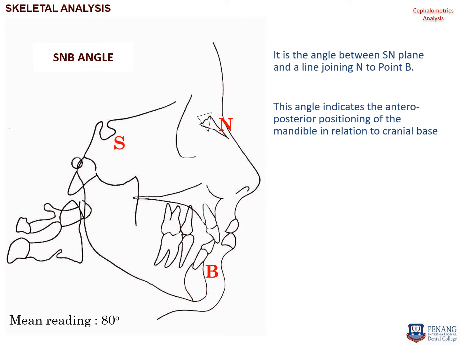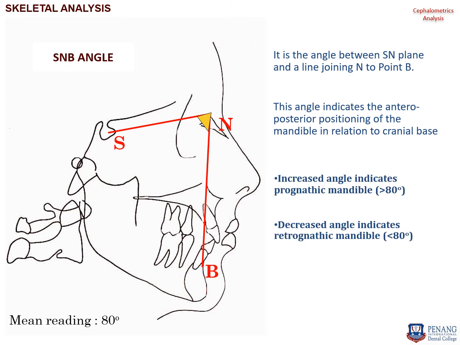The second angle we will be discussing is the SNB angle. The SNB angle is formed between the SN plane and a line joining N and point B. Point B is located on the mandible, and hence this will enable the mandible to be related to the cranial base, or else it will indicate the antero-posterior positioning of the mandible in relation to the cranial base.